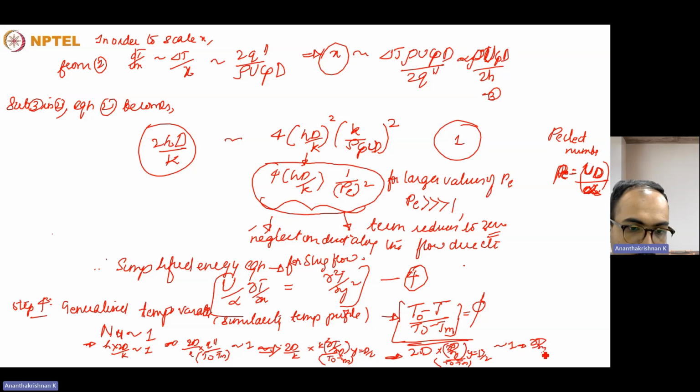So dou T by dou y divided by T0 minus Tm is of the order of 1.